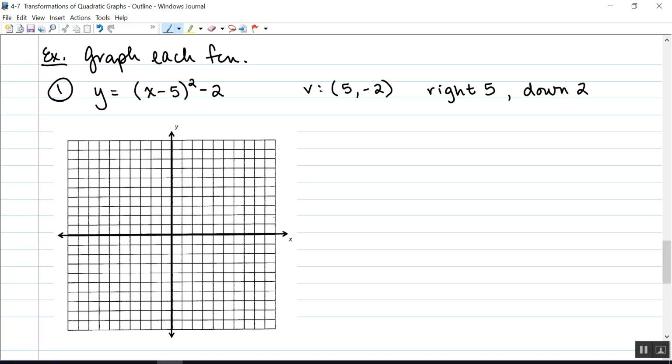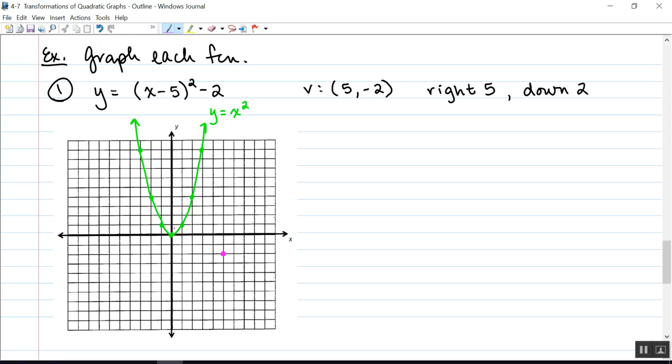So there are a couple ways you could do this. Why don't we start with our basic parent function, y equals x squared. That's actually kind of easy to figure out here. So there's our parent function. I'll go ahead and label it y equals x squared. And now the one that we're going to graph here is basically moved to the right 5 units and down 2 units.